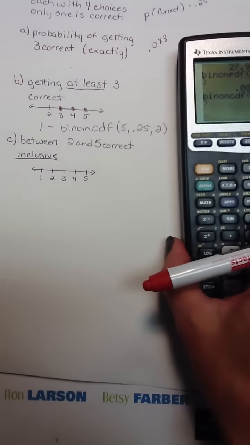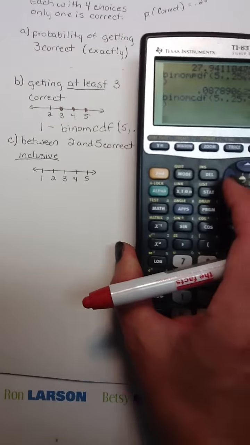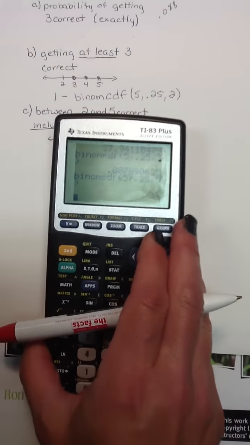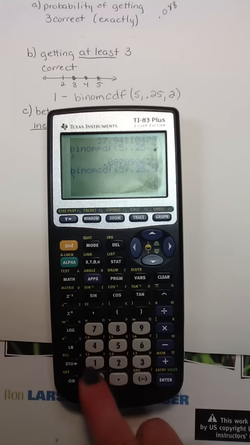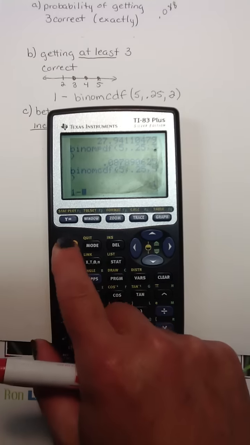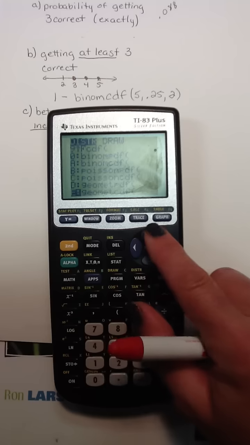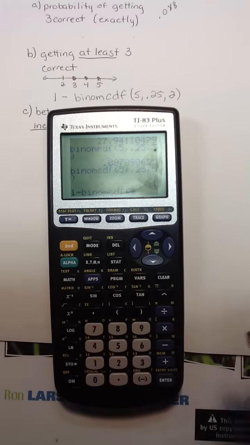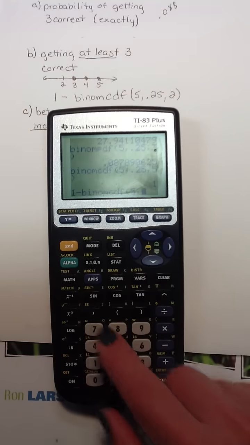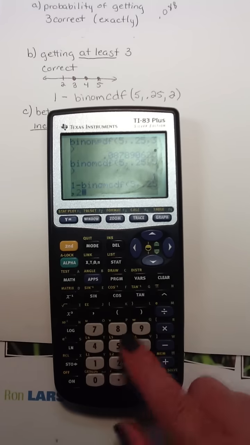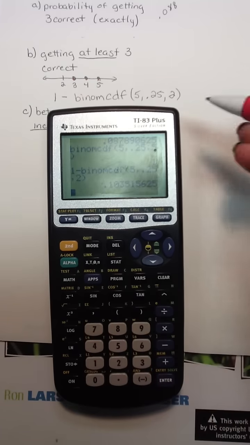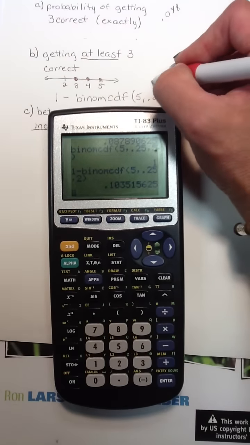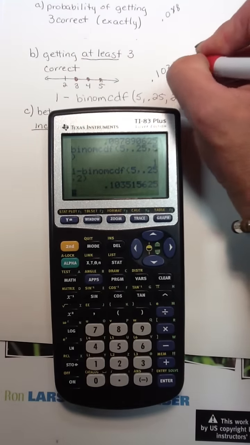And I can put this into my calculator just as I have it written here. I'm going to hit my 1 minus, I'm going to hit second distribution, arrow up until I get to my CDF function, hit enter, and then I'm going to put in 5, comma, 0.25, comma, 2. That probability is now at 10% or 0.1035.